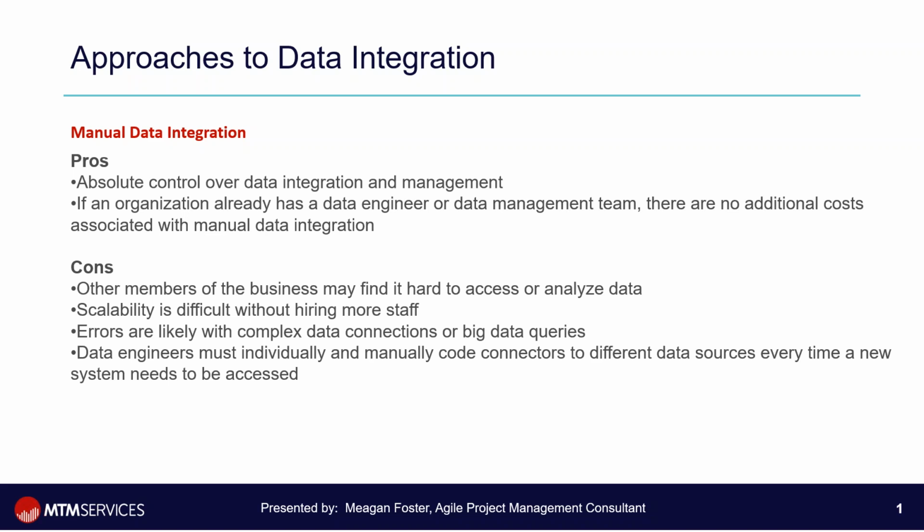This is where we're going in and doing a lot of the data cleaning and reformatting manually. There are some pros to this in that you do have absolute control over the data integration and management. And there are no additional costs associated with manual data integration if you already have a team in place whose role it is to do these manual processes.